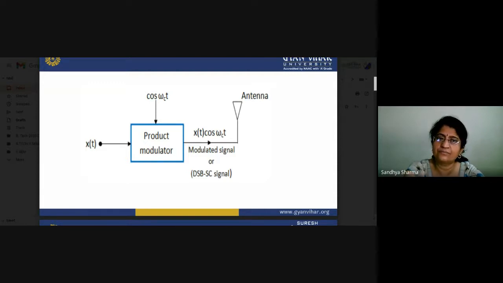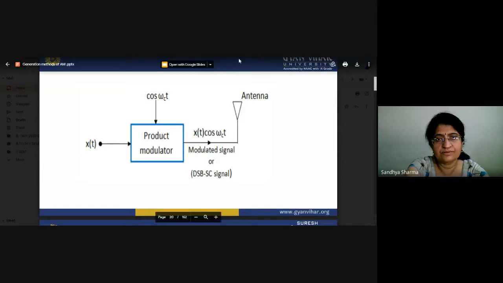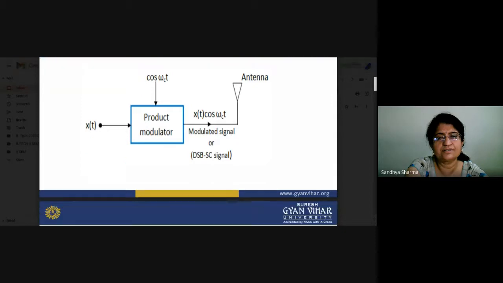When we use both signals in the product modulator, the output is equal to xt cos omega ct, the modulated signal. This signal is a DSB SC signal, and there is an antenna, so you can transmit your signals using it. This is the product modulator, and this is the modulated signal.